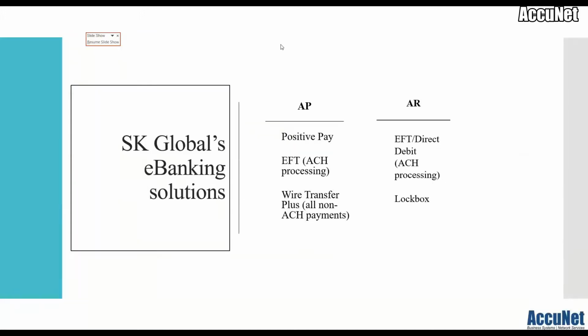So the first module we're going to cover is Sandler-Kahn's e-banking, and this handles checks going out, so you can do the electronic payment of vendors. Employee expenses is something a lot of customers use to deposit those expense funds or miscellaneous expenses right into their accounts.